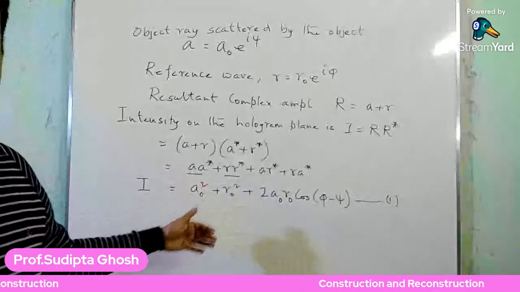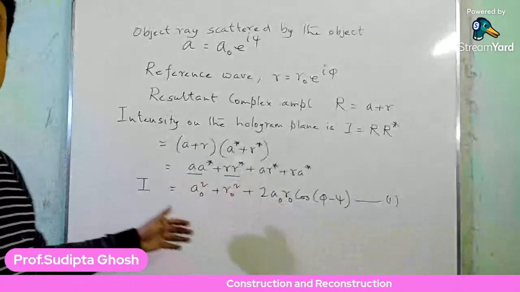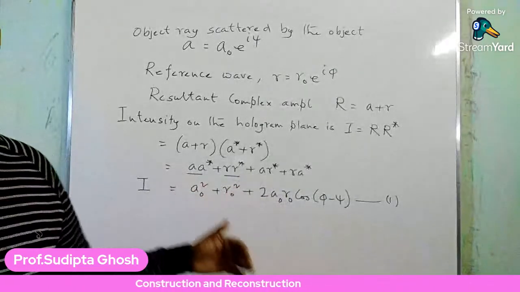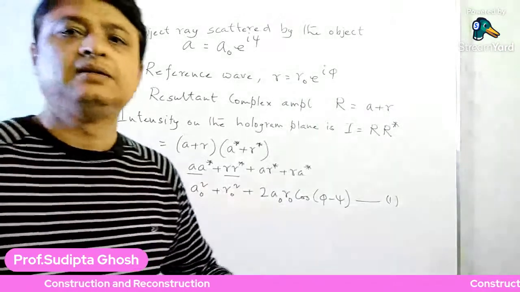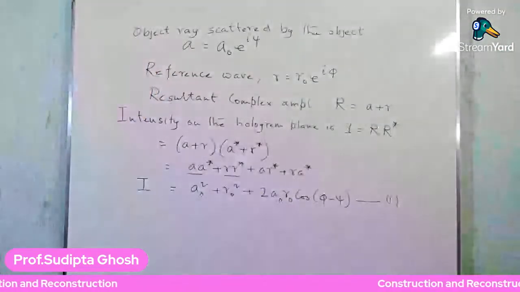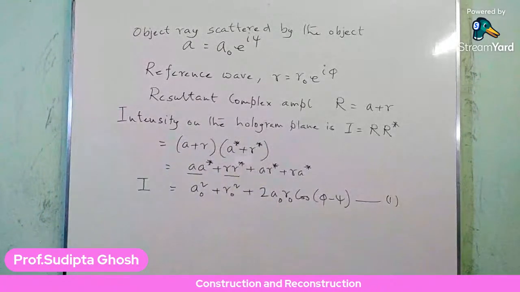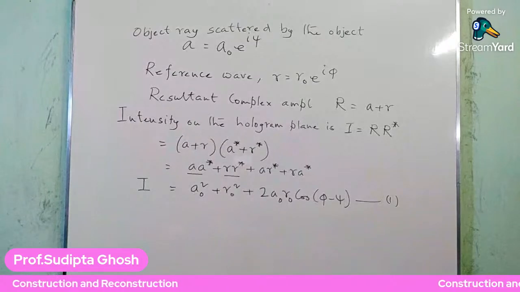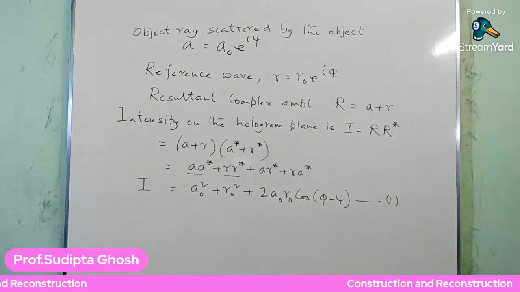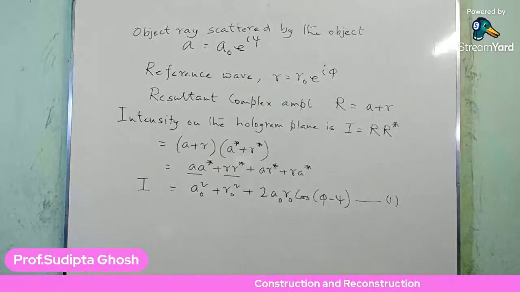If it is okay, then I will proceed further towards the mathematical analysis of the reconstruction of the hologram. Is it okay? I think it is very much simple; only simple mathematical calculations are required for holography as a whole.